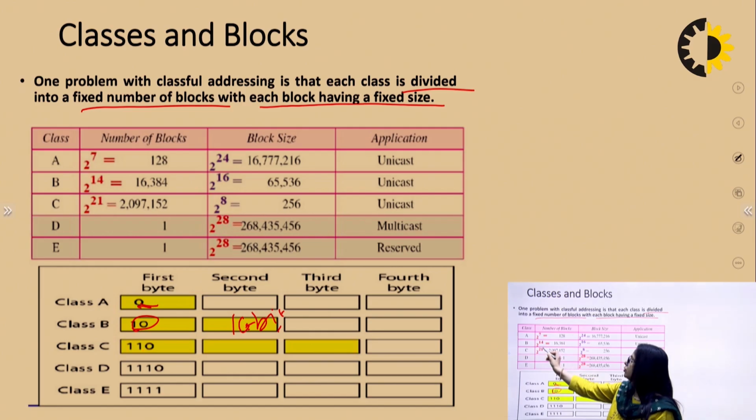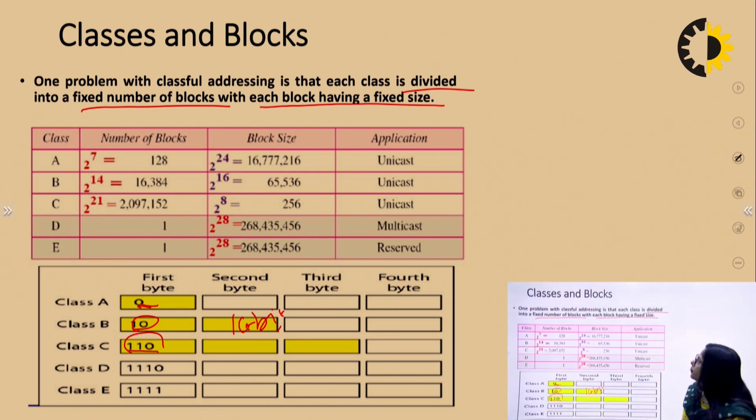Here 2 to the power 14, that is 16,384, is for class B. 2 to the power 21, here 3 bits are reserved, so 2,097,152 is for class C. Okay, this is the number of blocks.